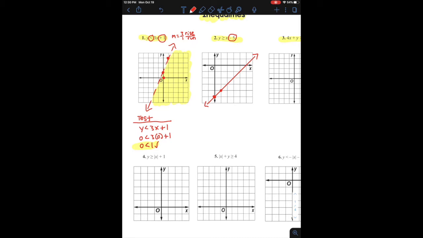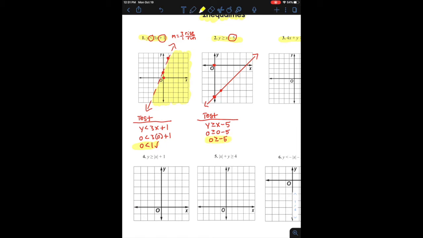Let's now find where else the solutions are, either above the line or below the line. Let's go ahead and test a point, and again, just like number 1, (0, 0) is the easiest ordered pair to test. So if I were to substitute (0, 0) into our original inequality, we would get 0 is greater than or equal to 0 minus 5, or 0 is greater than or equal to -5. Is this statement true?